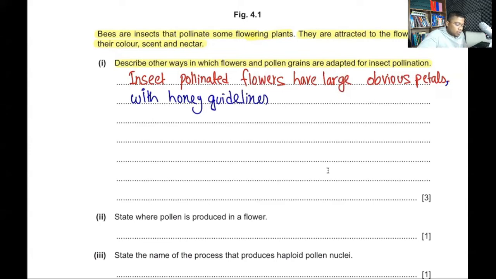So basically, this is how the insect is directed towards the honey. And because of the honey, the insect will enter the flower.